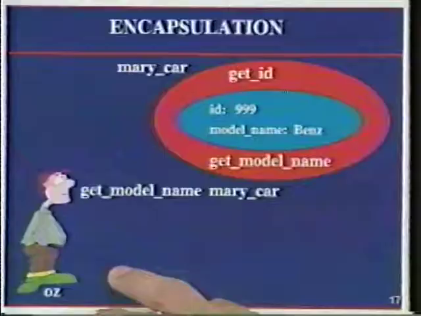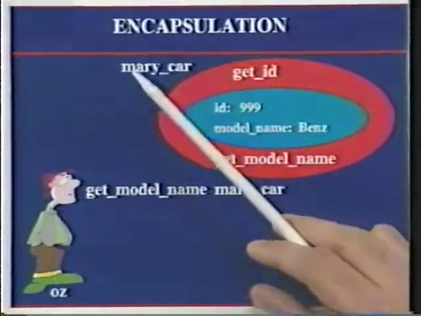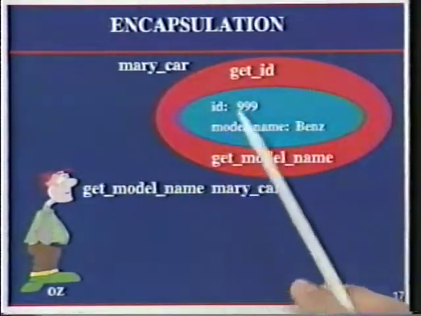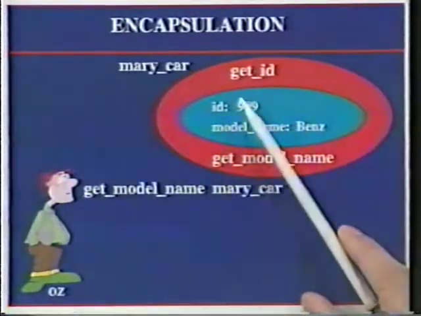Now, for separating these private and public interfaces, we have the notion of encapsulation. What is encapsulation? I can show you with the following slide, where we have the public interface shown outside in this capsule, and then we have the internals, which show the attributes.